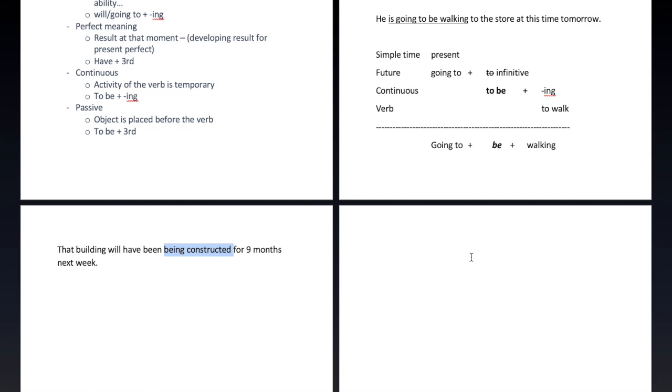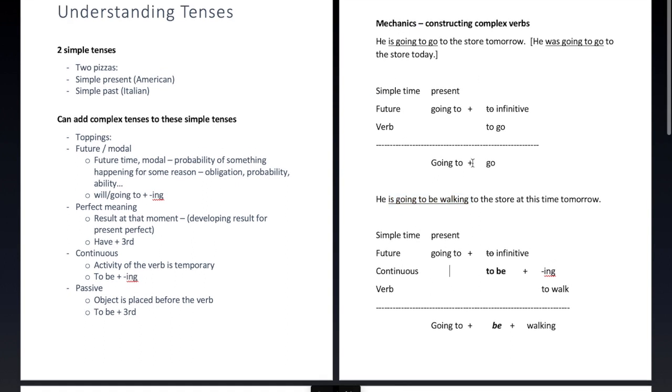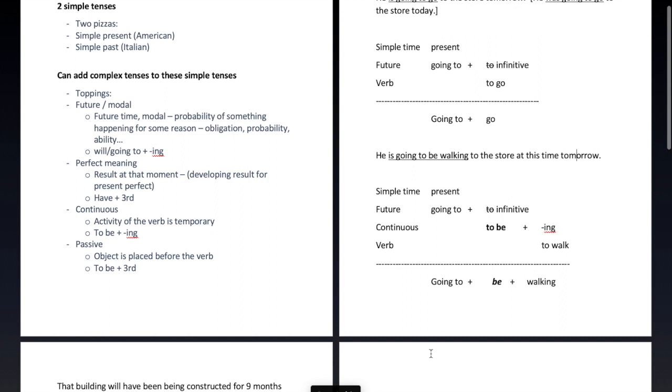And we've been talking about the mechanics, but another thing that you want to think about is how the meanings are being put in there at the same time that these structures are being used. So if we go back to these ones, so this one's just our simple meaning, but here in this case we had both the future meaning and the continuous meaning. So to really understand this, you need to understand how the future continuous works, and you can see what I have in my resources about that to understand that better.